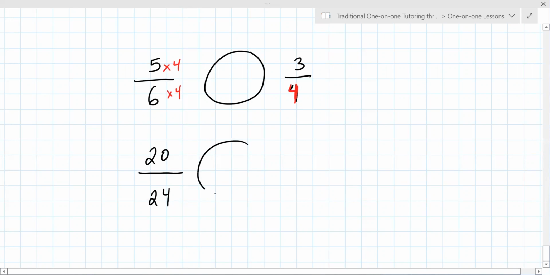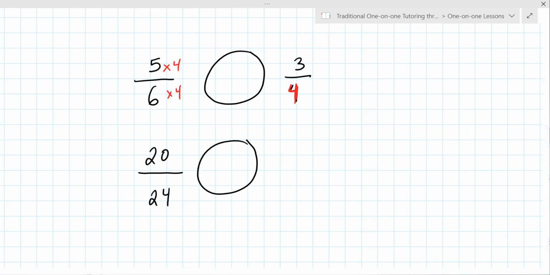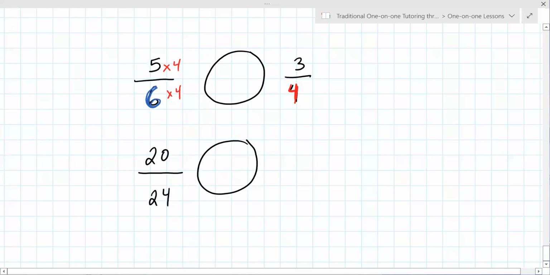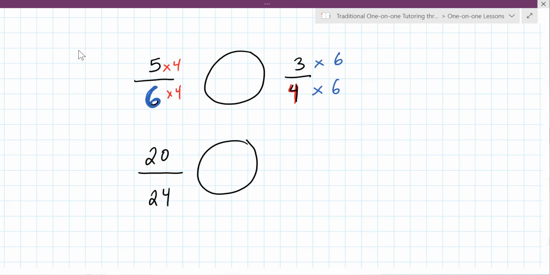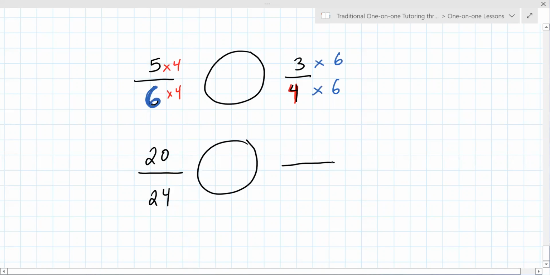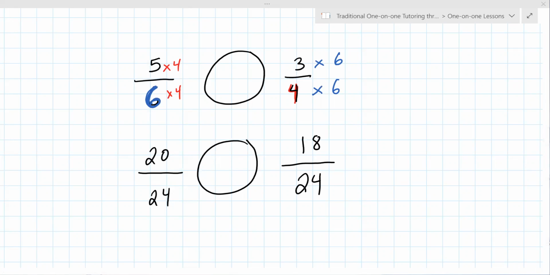Good. Okay, now what number is in the lower left? 6. What are we going to multiply 3 and 4 by? 6. Okay, so give me that result down here. So 3 times 6 is 18, and 4 times 6 is 24. So what symbol goes in the middle? Greater than. Yes.